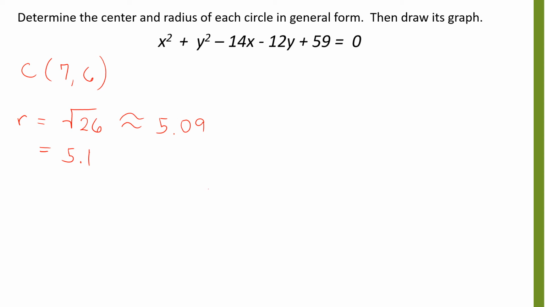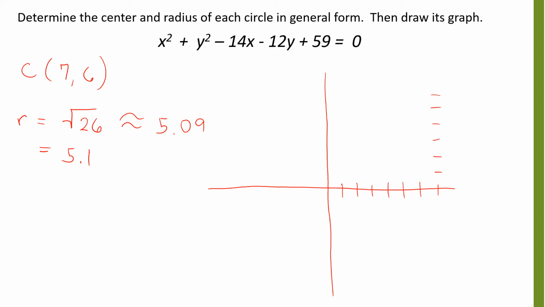So sketch a graph again, a Cartesian plane, then locate point 7, 6: 1, 2, 3, 4, 5, 6, 7, and then 1, 2, 3, 4, 5, 6. So here is point 7, 6, okay?